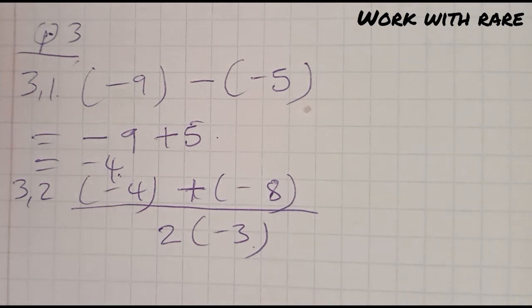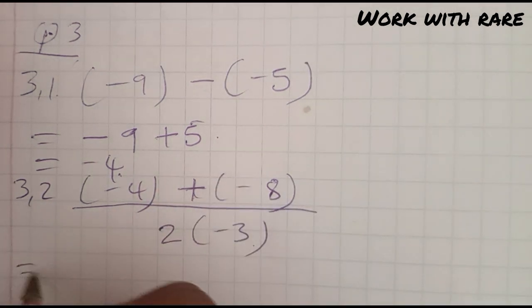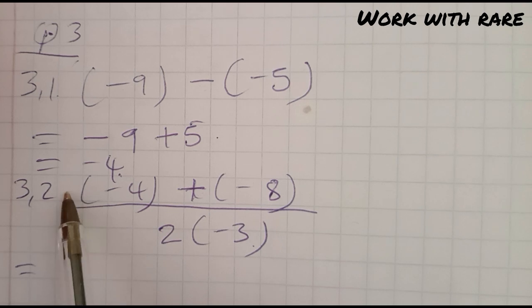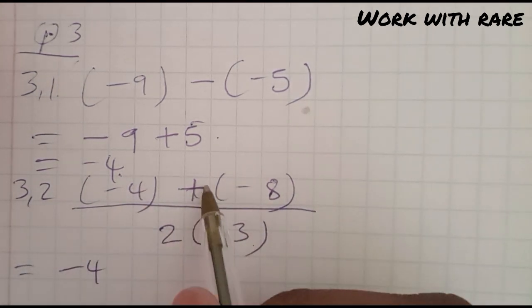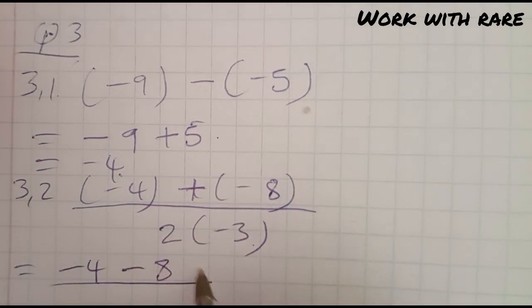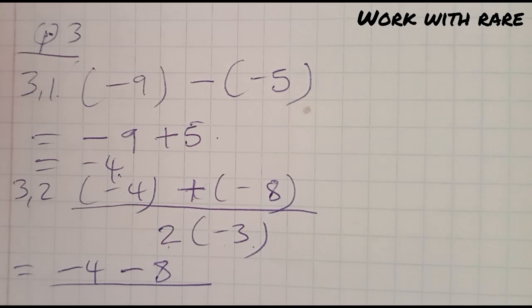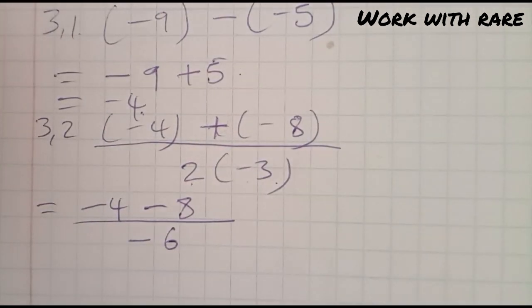Here it's the same as positive 1 multiplied by negative 4, which is negative 4. Positive 1 multiplied by negative 8, which is negative 8, all over 2 multiplied by negative 3, which is negative 6. So I'll write negative 6 here.